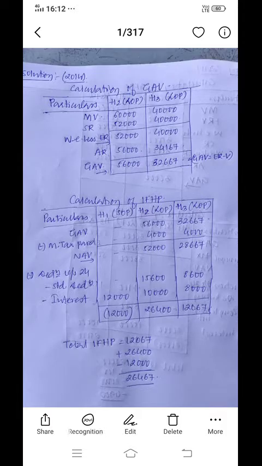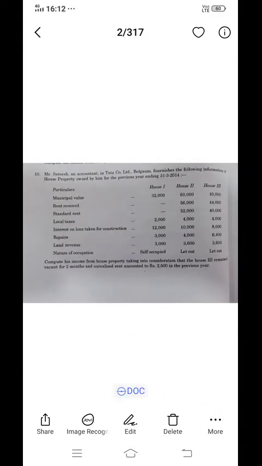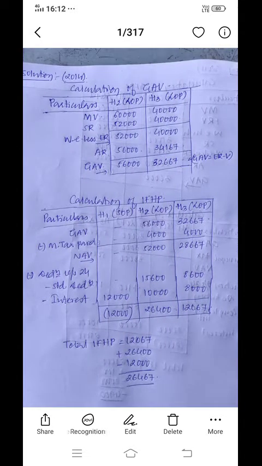Only for house 2 and house 3 do you have to calculate GAV. So municipal value is 60,000 for house 2 and 40,000 for house 3, so we have taken that.